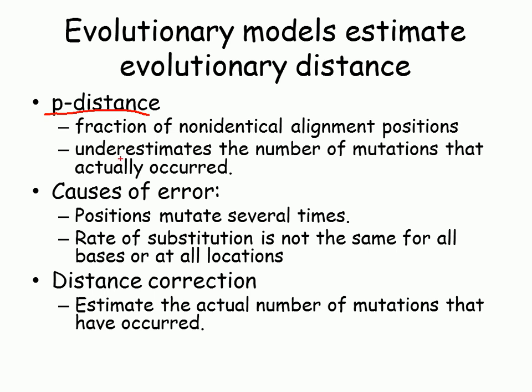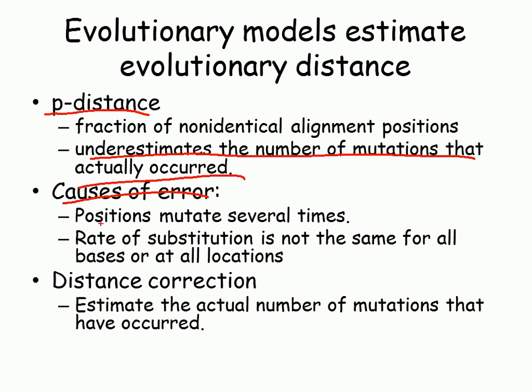Okay. P distance underestimates the number of mutations that actually occur. The reason is that if two things are the same, you don't really know that they were the same in the first place, or they were different and then they both mutated and turned out to be the same. Okay.